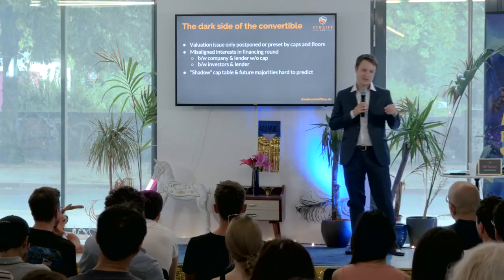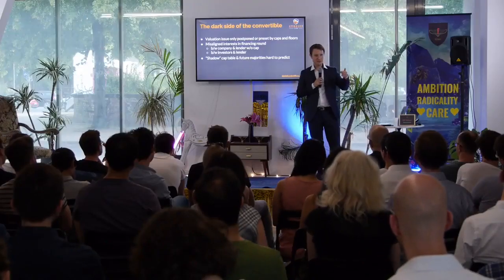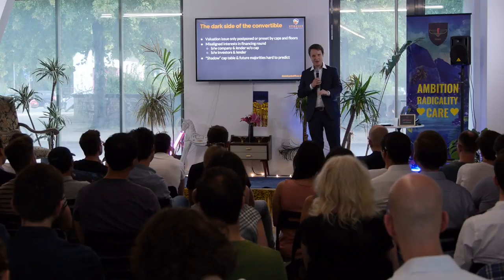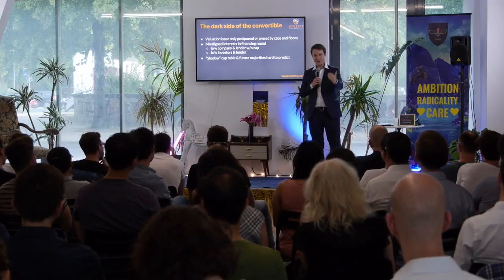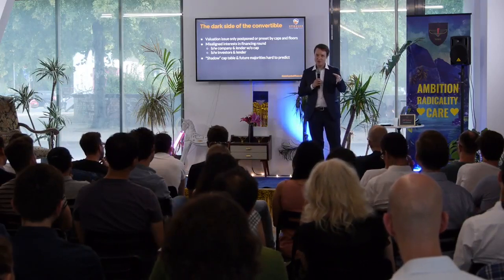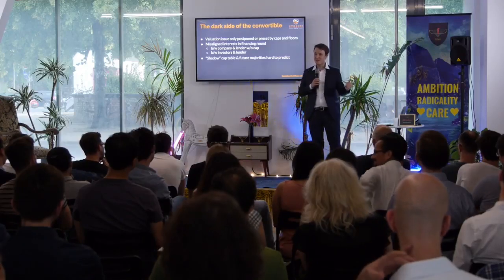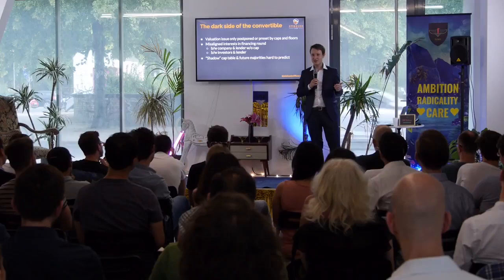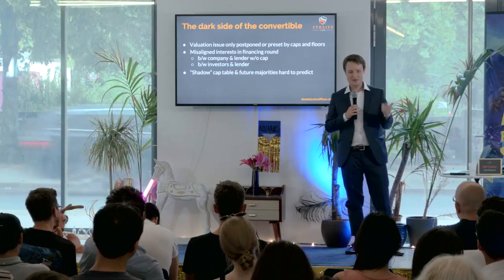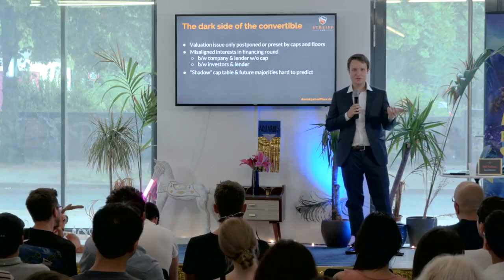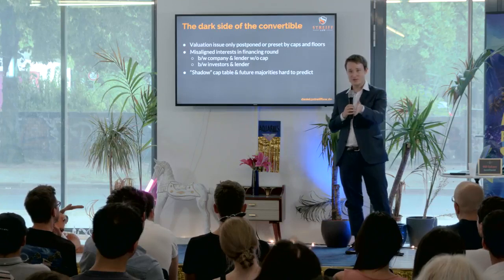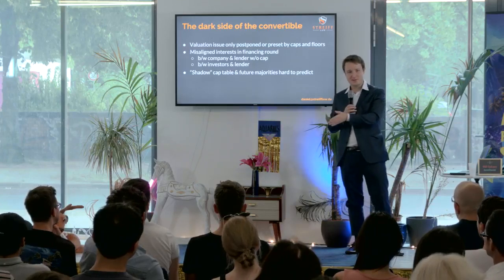Third thing, this is the shadow cap table, which you really need to take care of. Especially if you have a lot of convertibles, you need to always know how much you owe to whom and how many percent they may be able to convert. And if you don't have a cap or a floor, and if you don't know the valuation of your company, you don't know what is going to happen in a year or in 6 months from now.